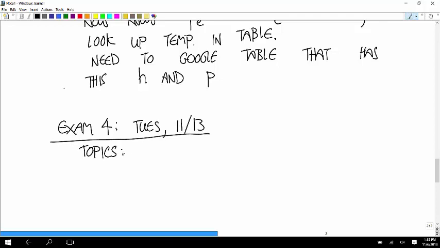And the topics will be everything up through this. So we're not going to have any of the new stuff involving entropy on it, and the second law of thermodynamics won't be on it. So up through the first law for control volumes.